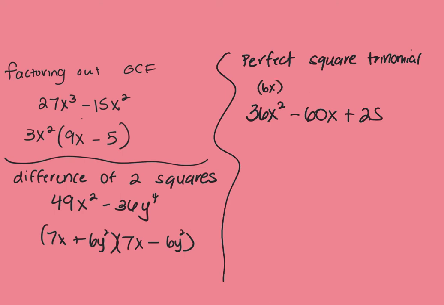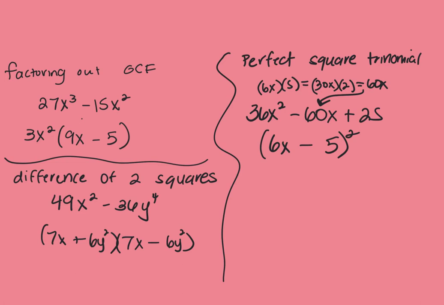Square root the last term, I'd get 5. And then double that product, so 30x times 2, and it's 60x. We ignore the sign when we do the test. We just make sure the value matches, and it did. So then we square root the first term, we square root the last term, we take the sign from the middle, put it in parentheses and square it.